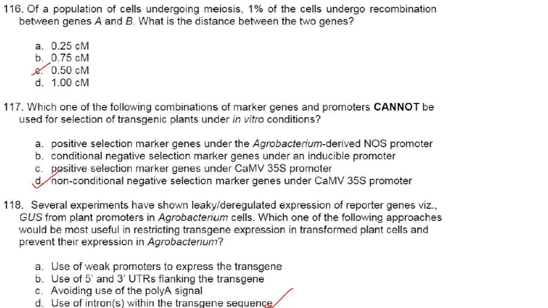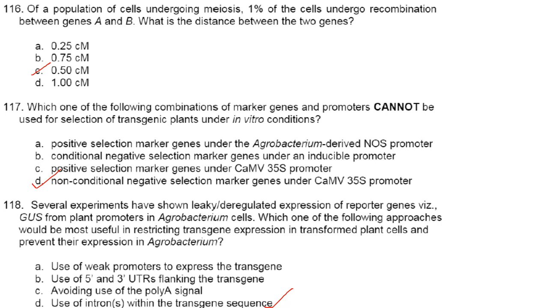Then next one. Several experiments have shown that leaky deregulated expression of reporter gene, that is GUS, from plant promoters occurs in Agrobacterium cells. Which one of the following approaches would be most useful in restricting transgene expression in transformed plant cells and preventing their expression in Agrobacterium? This is a repeated question. So a plant intron was introduced into the GUS gene.